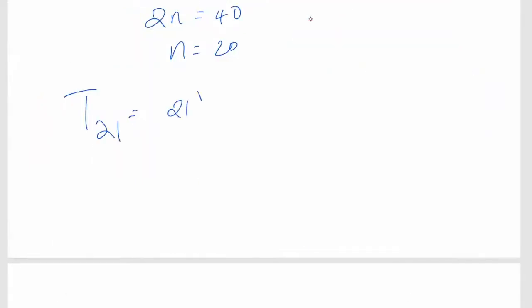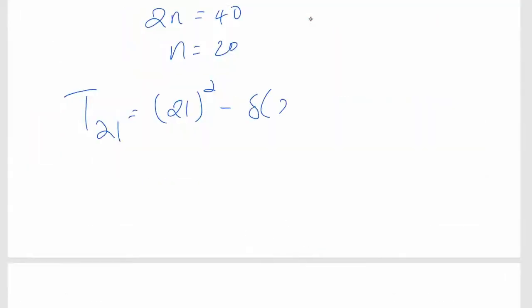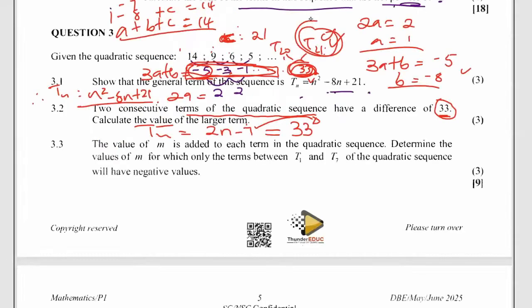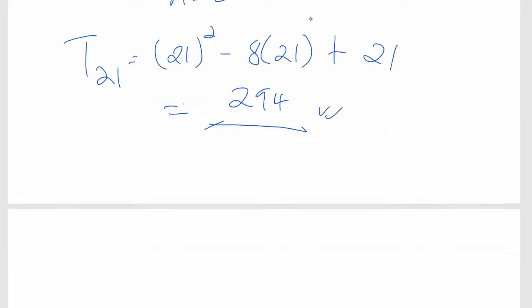So it's going to be 21 squared minus 8 times 21, and then plus 21. That's correct. So when we punch this into our calculator, 21 squared minus 8 times 21 plus 21, I'm getting 294. So this is what I end up with.